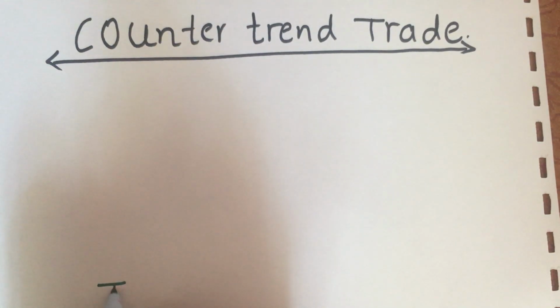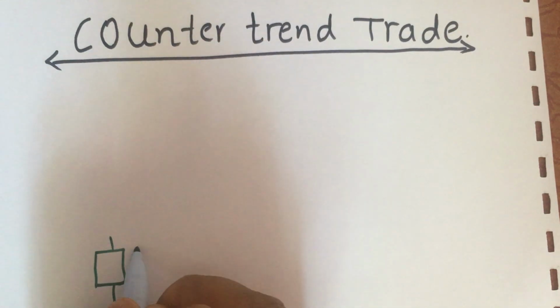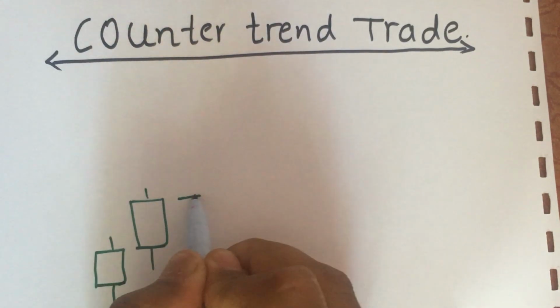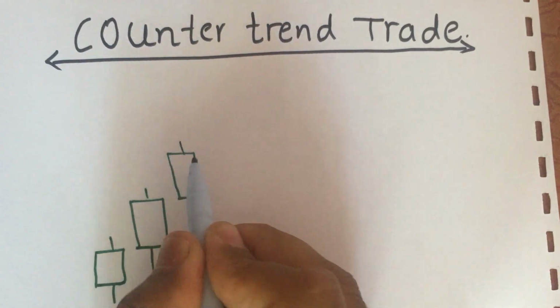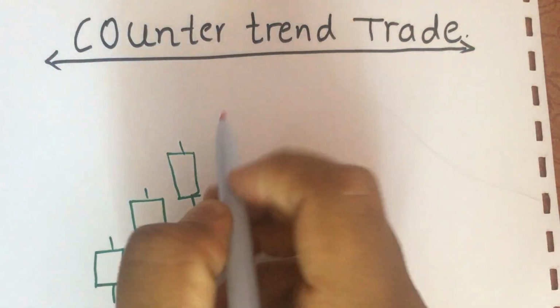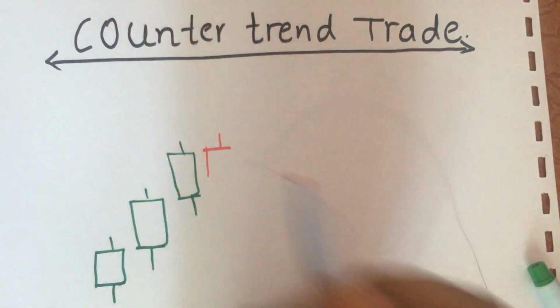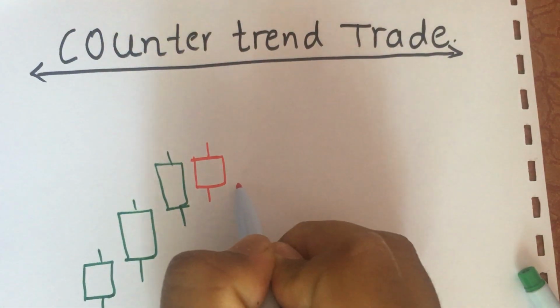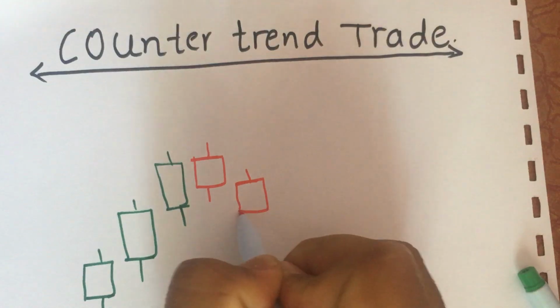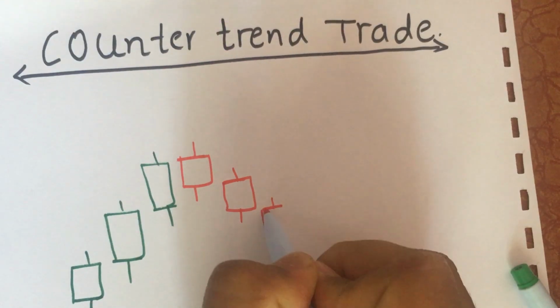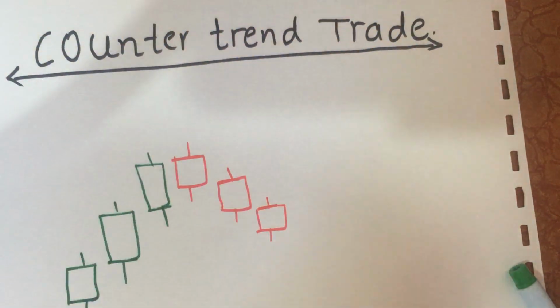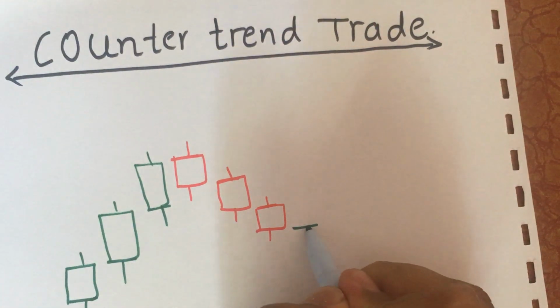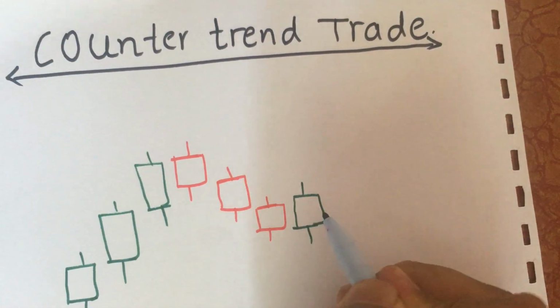So the overall trend was up like this, the bullish candle, the next candle also printing like a bullish, another candle obviously bullish, and the next candle printed like a bearish candle. All right. So the next candle also printing like a bearish candle, the next candle also printing like a bearish, and the next candle printing like a bullish.